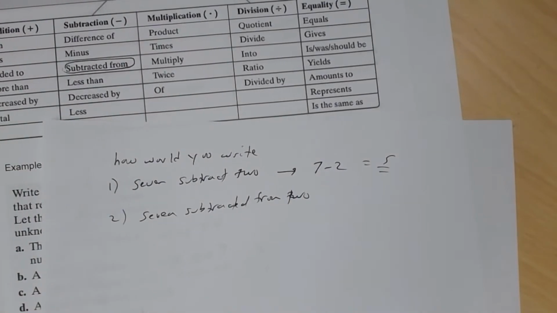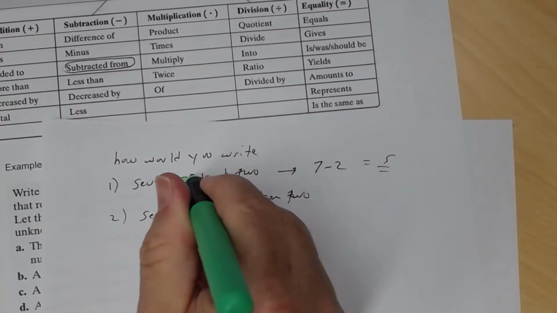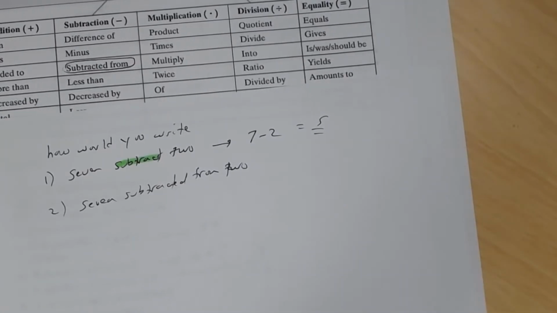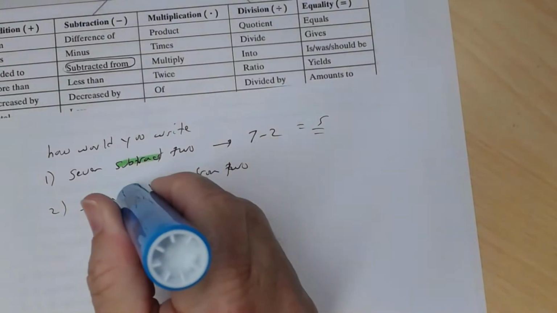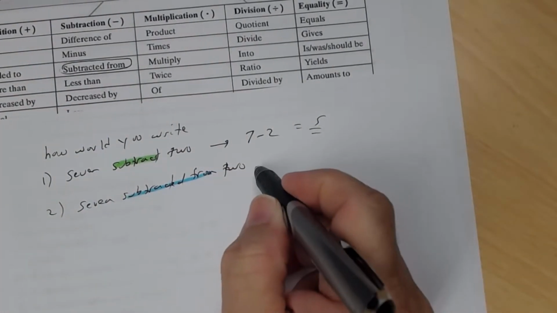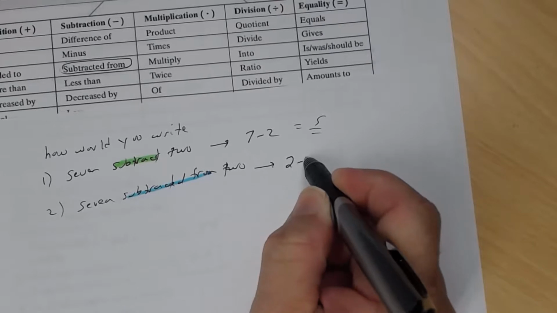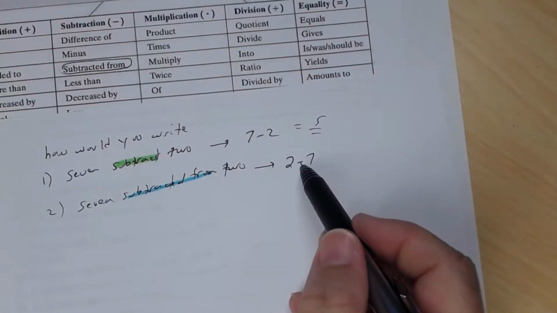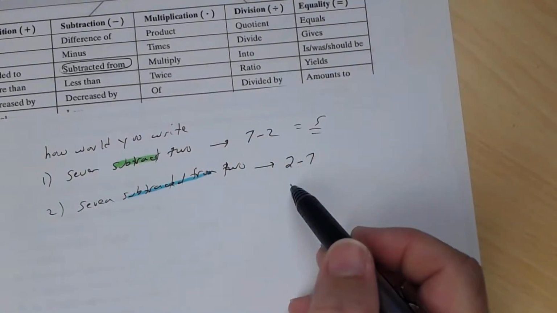So this uses the word subtract, and this uses the words subtracted from or subtract from. So 7 subtracted from 2 means 2 subtract 7. That's what that means. So 7 is being subtracted from 2.